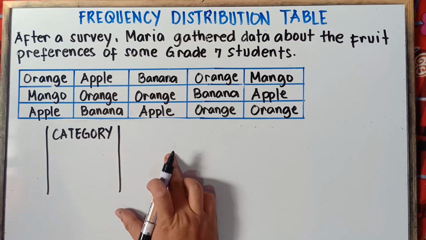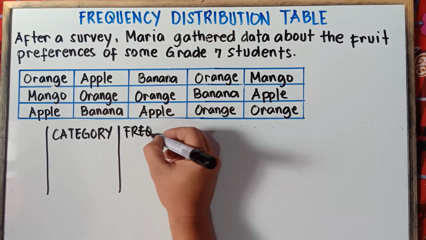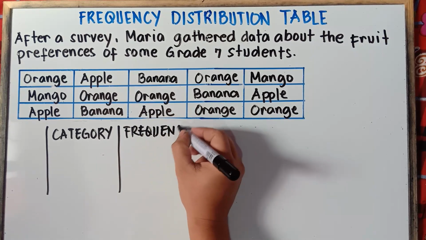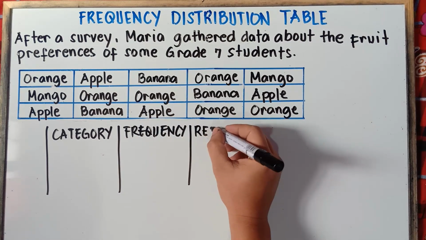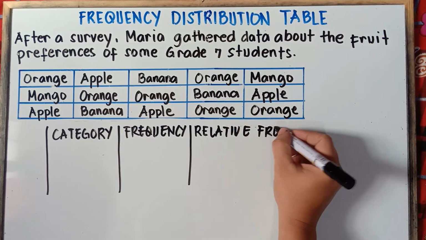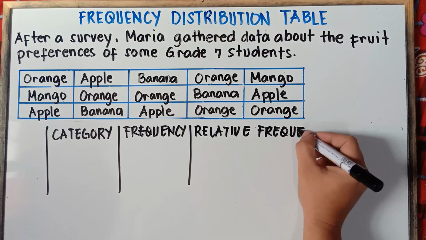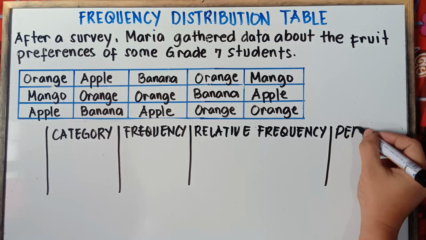For the first column, we have the category. The second column is the frequency. The third column is the relative frequency. And our last column is the percentage.